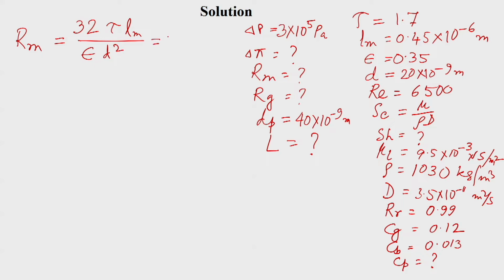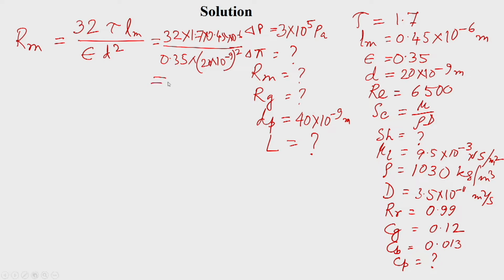So, that will be 32 into 1.7 into 0.45 into 10 to the power minus 6 divided by 0.35 into (20 into 10 to the power minus 9) to the power 2.